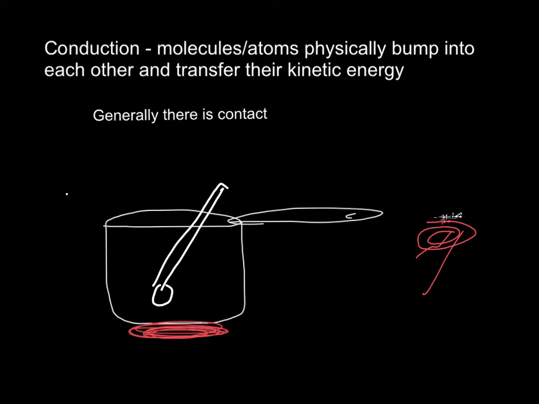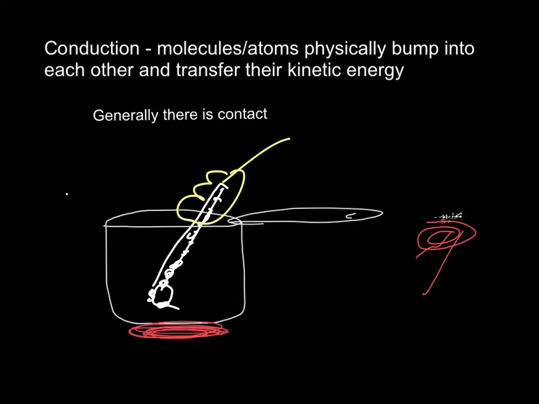Our pot's getting all hot, and it's transferring the energy to the spoon. And then that's transferring the energy to the next part of the spoon, next part of the spoon, keep going up and up until now I'm trying to grab that spoon with my little hand, and I'm going, ouch, that's hot, because it's a metal spoon.